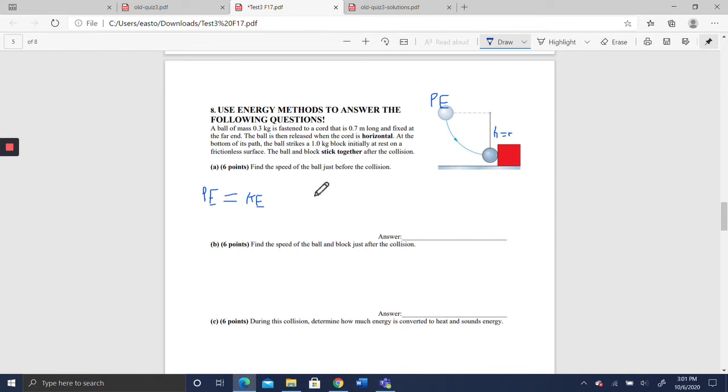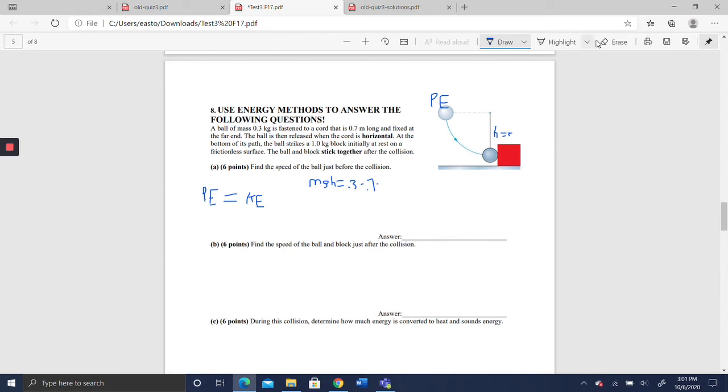So we have PE is equal to 0.3 times 9.8 for gravity times 0.7.